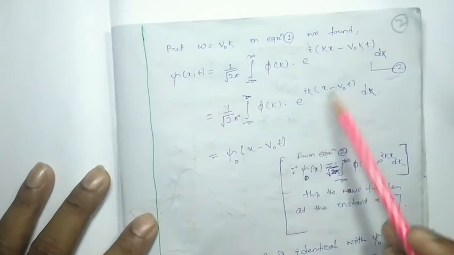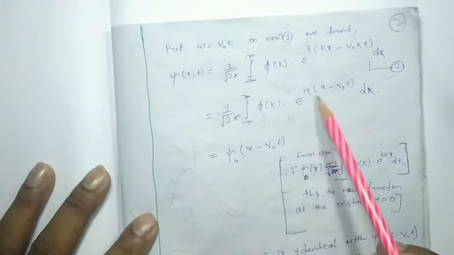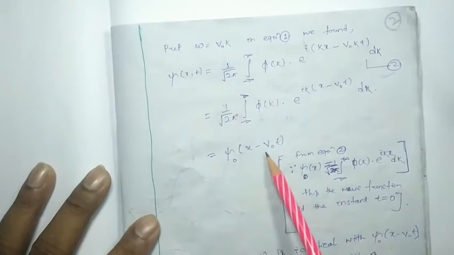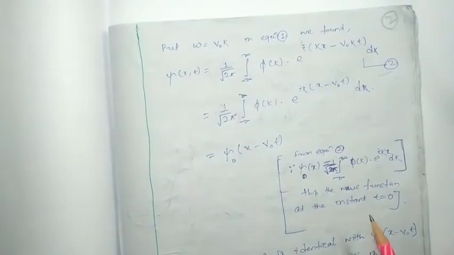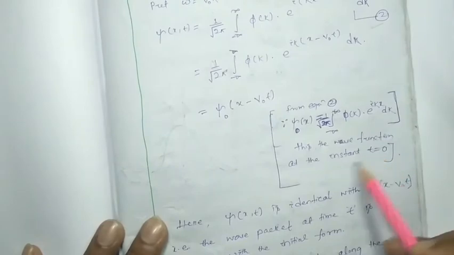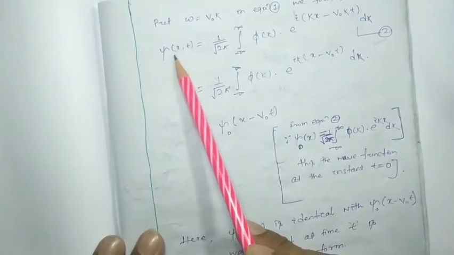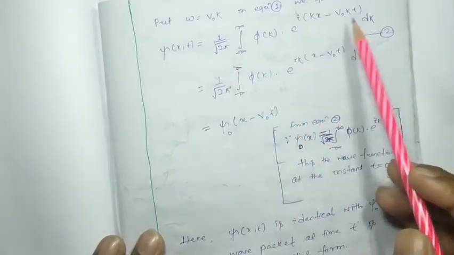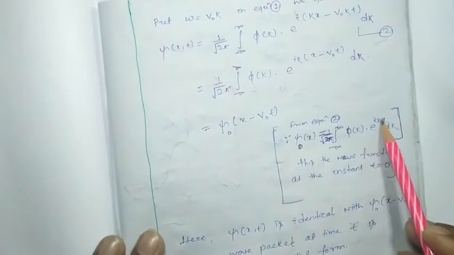This can be written with the integral of 1 by root 2 pi phi(k) e to the i k(x minus v0 t) dk, or as psi0(x minus v0 t). Because from equation number 2, at time t equal to 0, the exponent part with t will be 0, and it will be e to the power ikx dk.